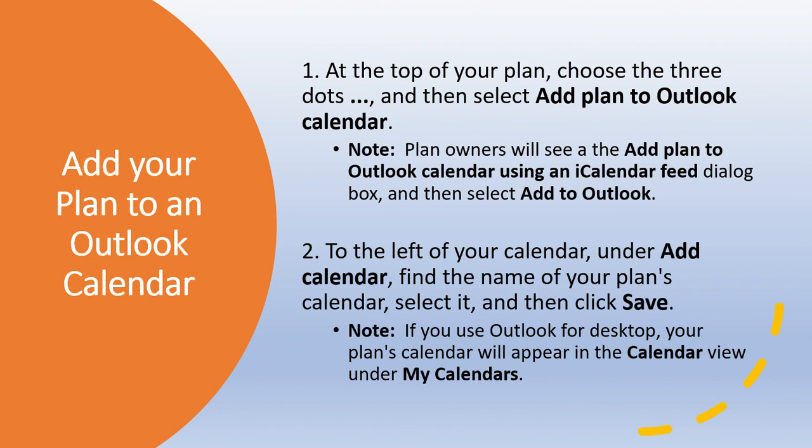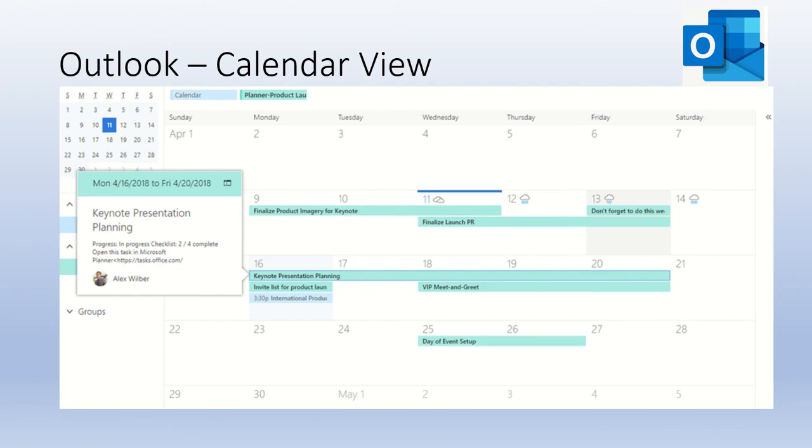And then on the left hand side of your calendar, under Add Calendar, just find the name of the plan, select it, click Save, and that's going to generate this view. This is the same as if someone shared a calendar with you, that you're able to have both of them together. So in this example, you can see the blue calendar is going to be the personal calendar, and the green calendar is going to be the plan.